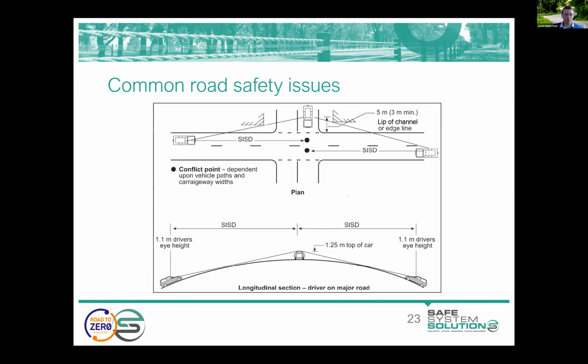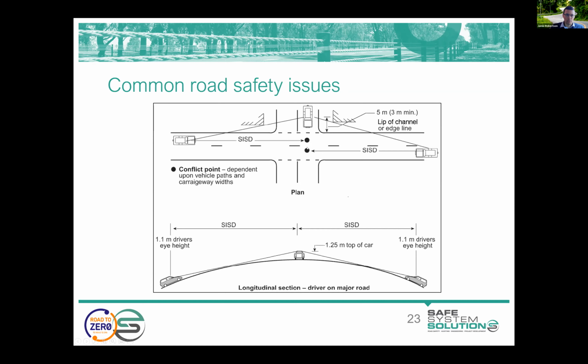So safe intersection sight distance provides enough time for the driver on the major road, this guy here, to see a vehicle entering from the side road, perhaps stalling, entering that potential collision zone. It provides this guy enough time and distance to see that situation unfolding, to put on the brakes and come to a stop before reaching this collision point.